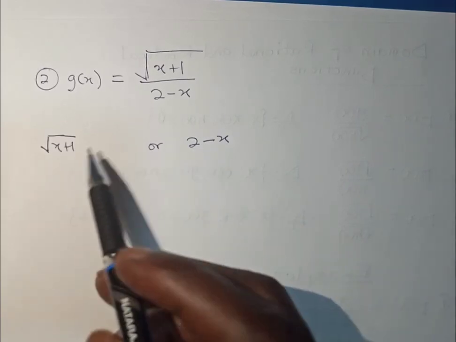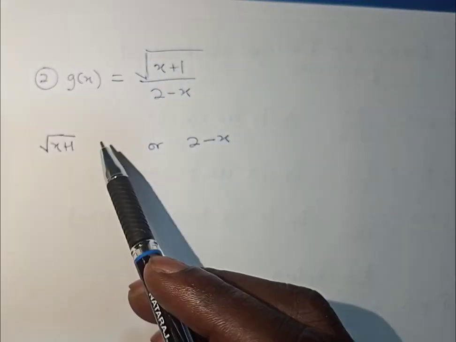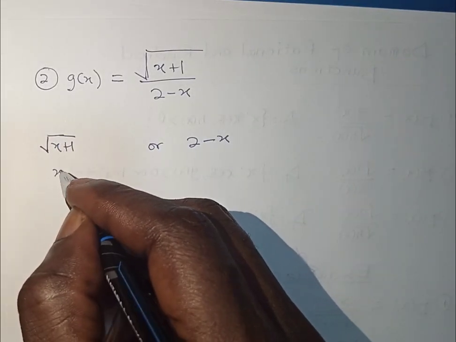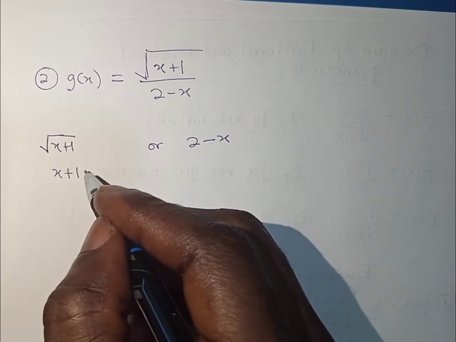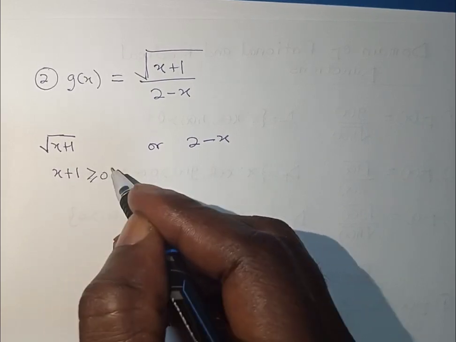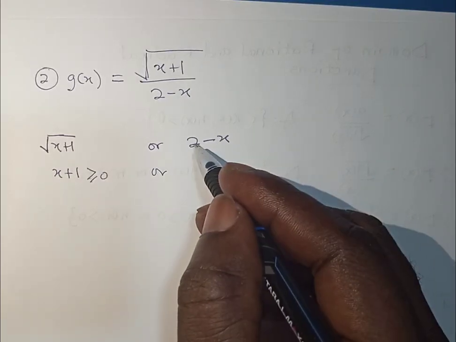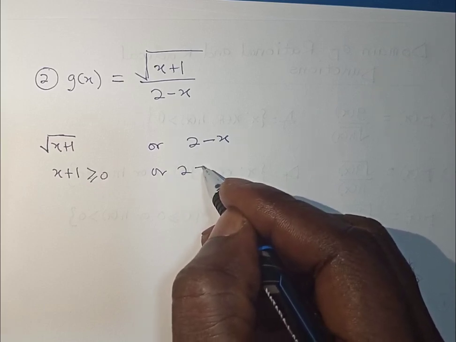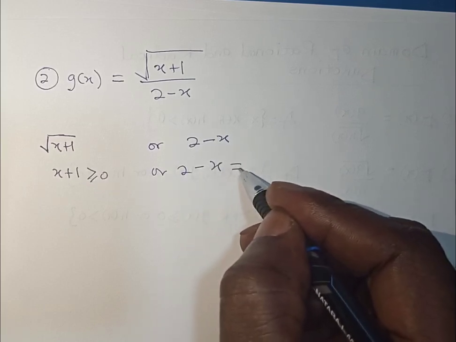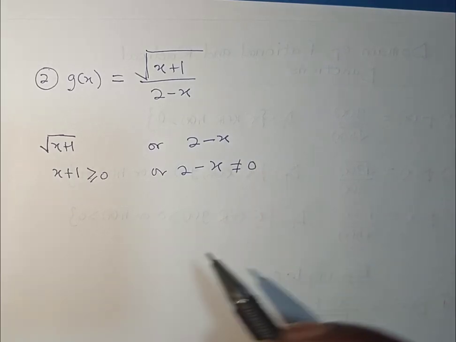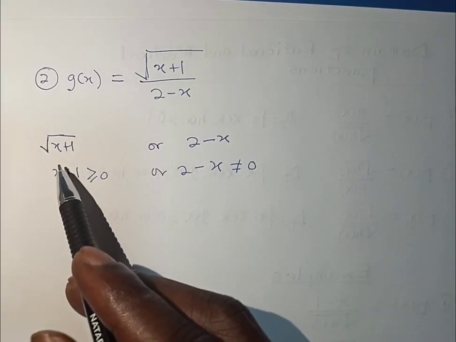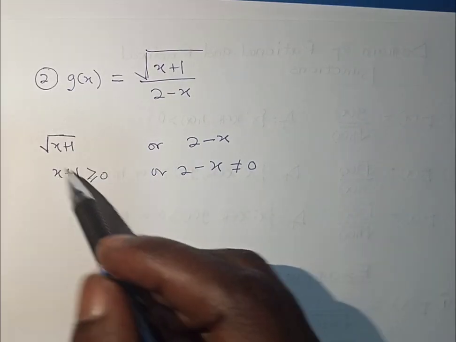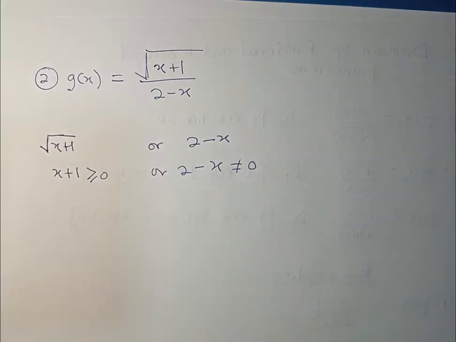So for the entire function to be defined, the numerator x plus 1 should be greater than or equal to 0, and 2 minus x should not be equal to 0. These are the conditions that will make the function defined. Other than that, the function will be undefined.